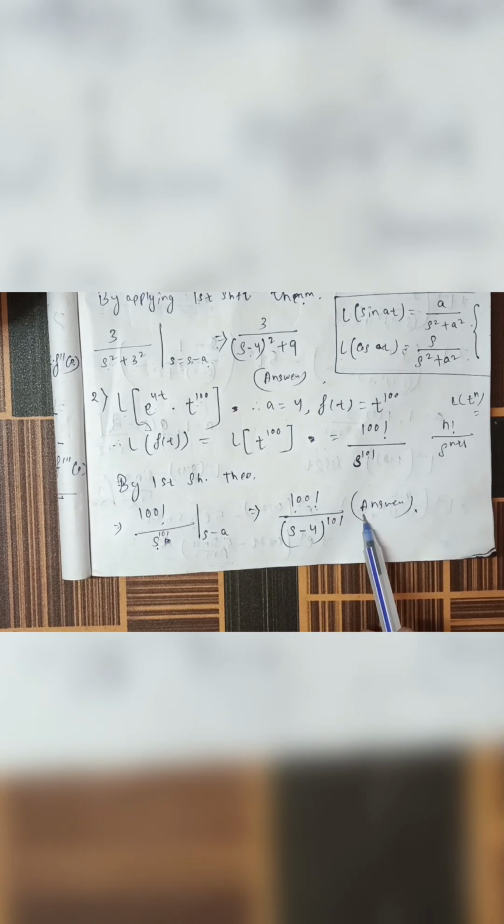This is the basic formula of Laplace. By the first shifting theorem, we just convert s into s minus a. Here a is 4, so s minus 4 to the power 101. The final answer becomes 100 factorial by s minus 4 to the power 101.